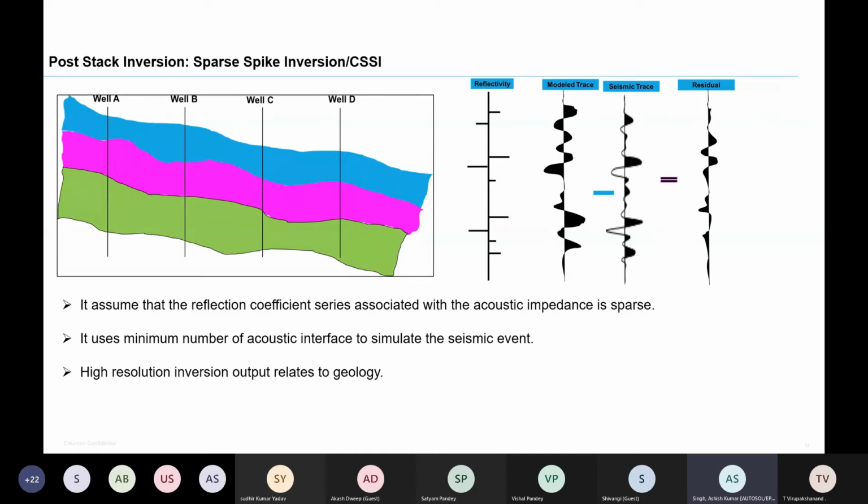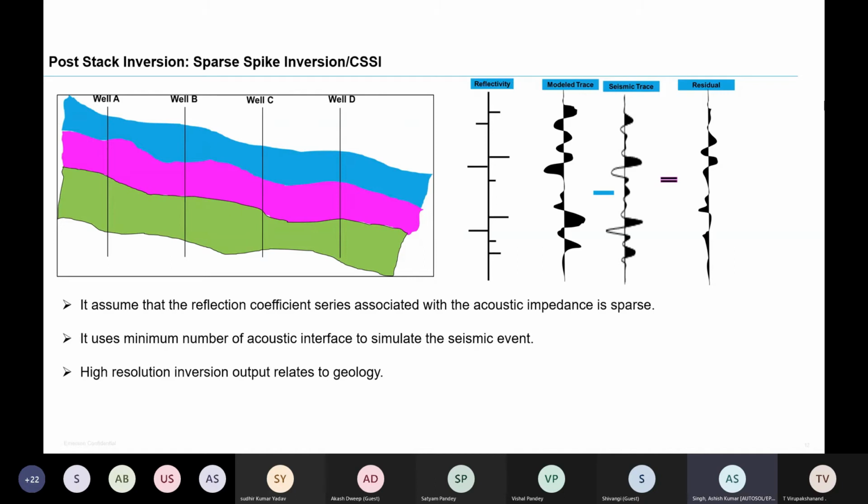Again, the method is the same, only the modeling purpose is different, because you are adding and subtracting spikes to model the trace. This is the model trace, this is the seismic. In ideal conditions both should be equal, but they are not, because the Earth is very complex.